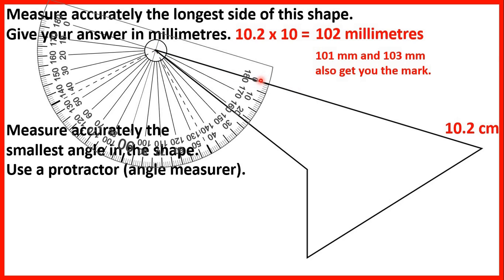So now, because we're using the outside scale, we have 20 and then another 2 little lines, so that's 22 degrees. And here, 21 degrees and 23 degrees will also get you the mark.